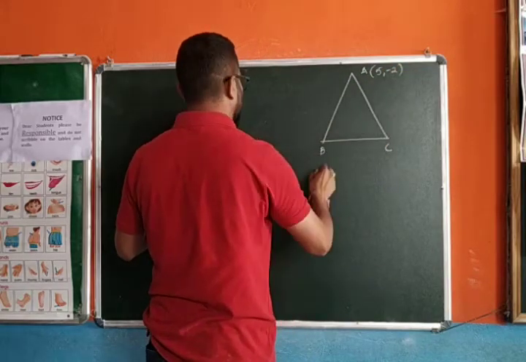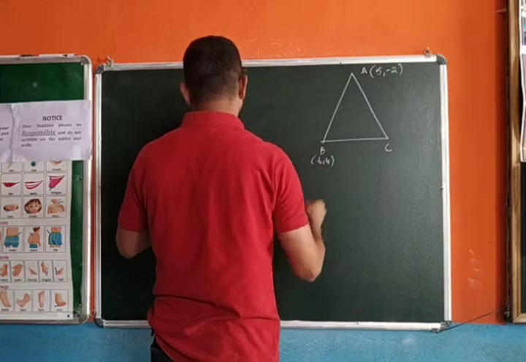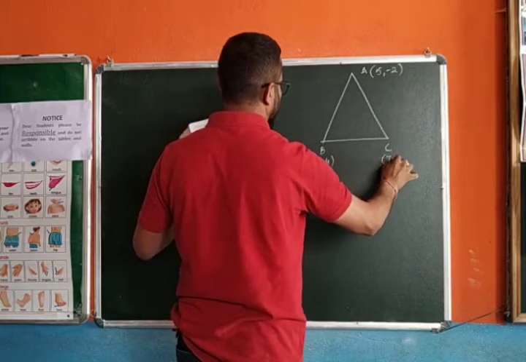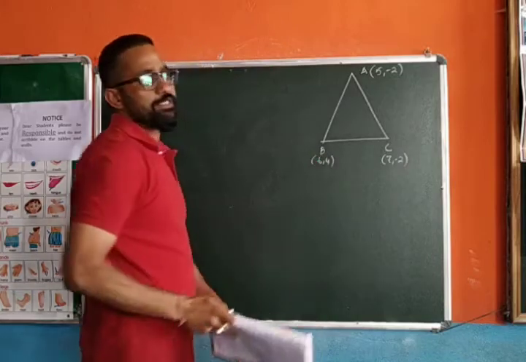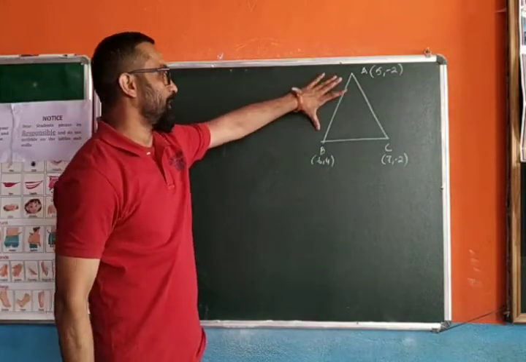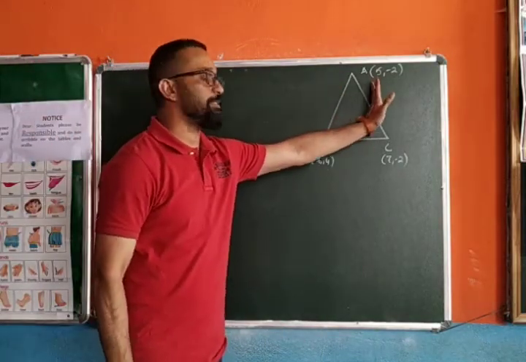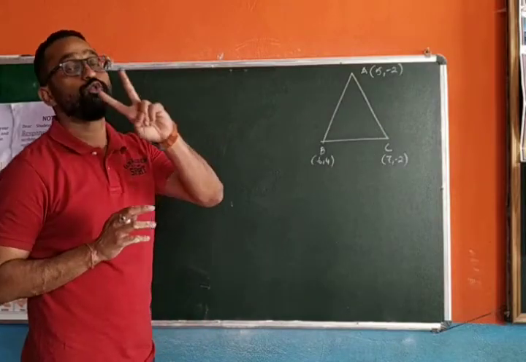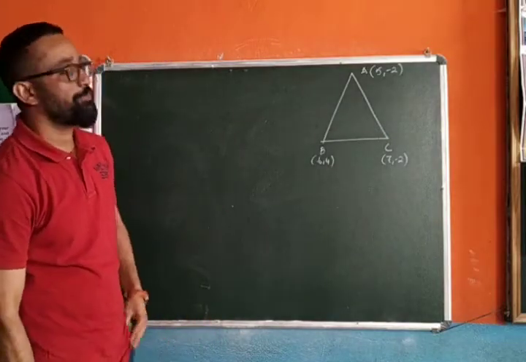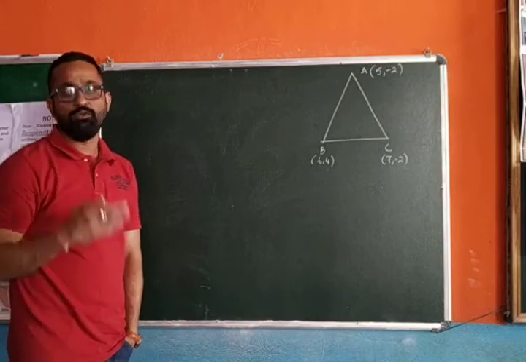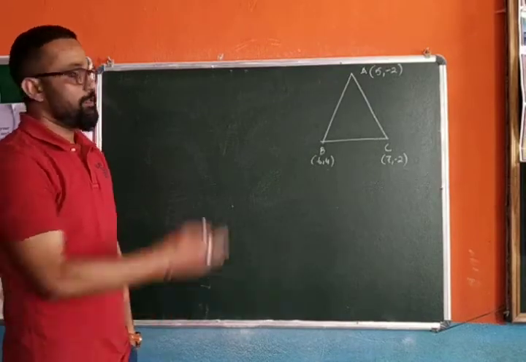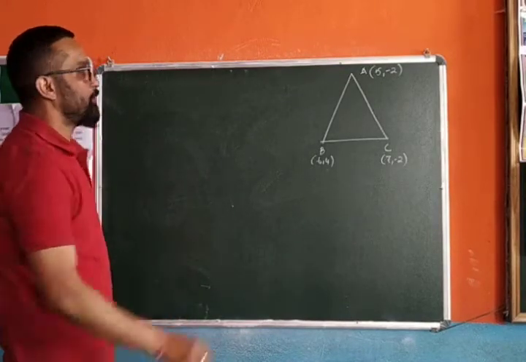Second coordinate we write it as 6, 4. Third coordinate is 7, -2. Now we start calculating the length of AB, BC and AC and check whether two sides are equal or not. If we get two sides equal means triangle is an isosceles triangle.